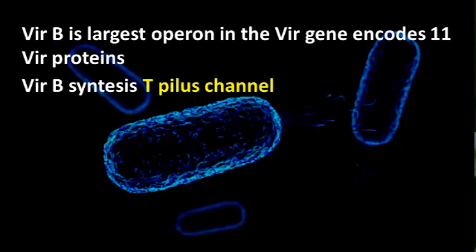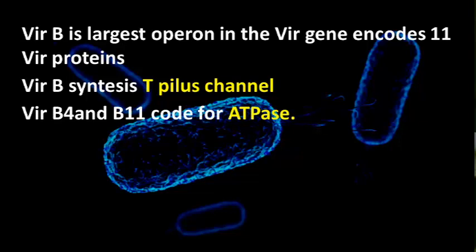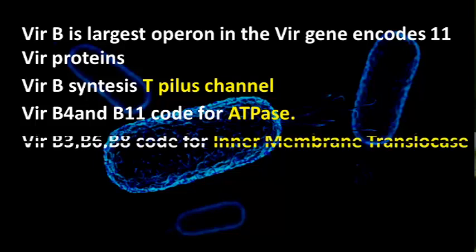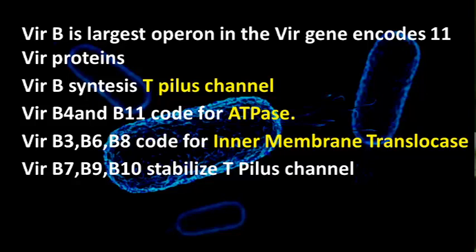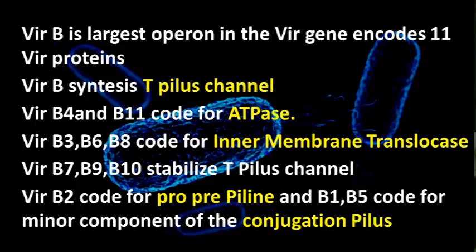The VirB operon synthesizes and assembles the T pilus, where B4 and B11 code for ATPases that provide energy for DNA transfer, B3, B6 and B8 code for subunits of a putative inner membrane translocase, B7, B9 and B10 form a core complex that stabilizes the T-pilus channel subunits, B2 codes for the major pilin subunit of the conjugative pilus called pre-propilin, and B1 and B5 code for minor components of the conjugative pilus.